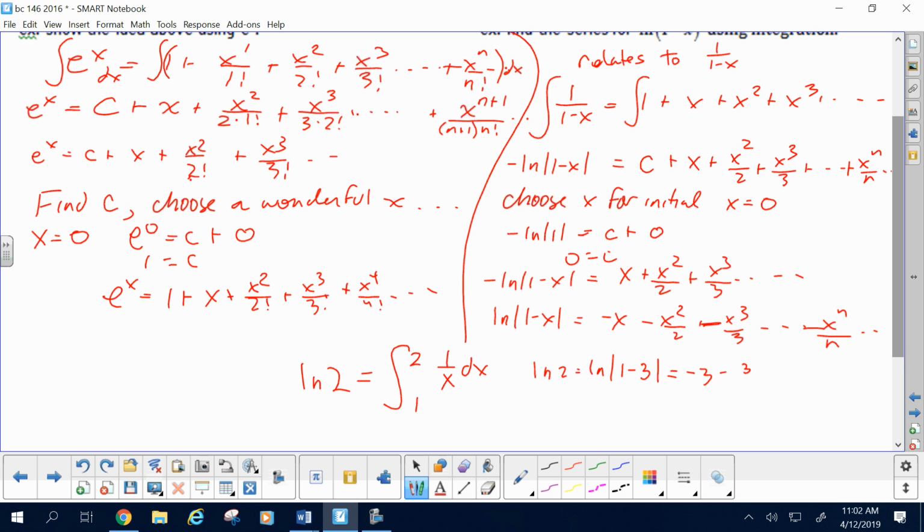That's not good. I have an error in my thinking. Right, so it should be positive. Log of 1 is 0. This should be positive. What's breaking down? Do I have a mistake here in my work that I'm not seeing?